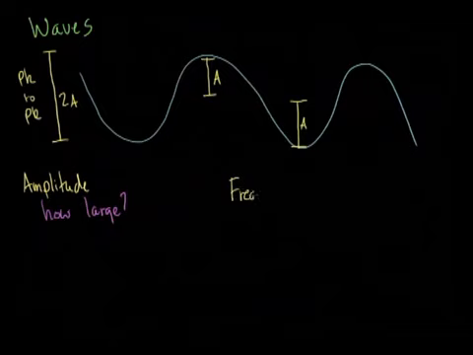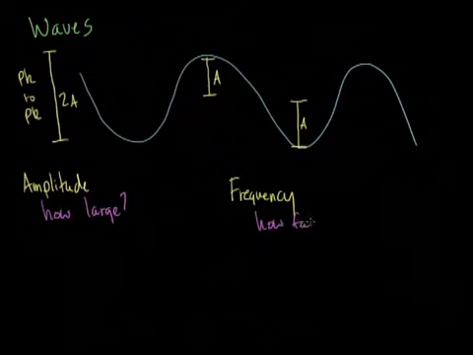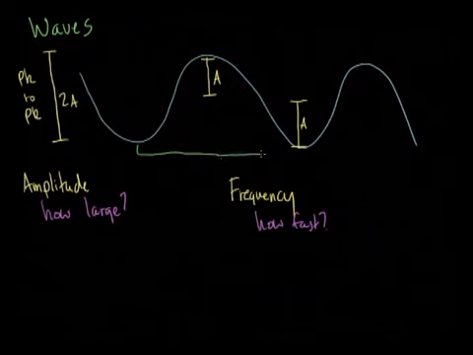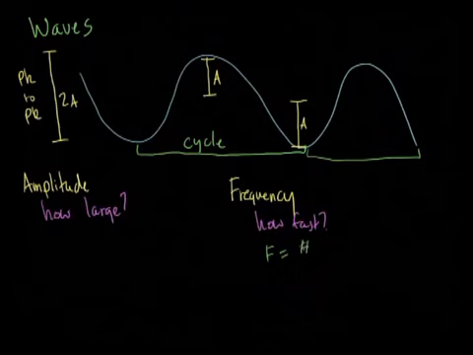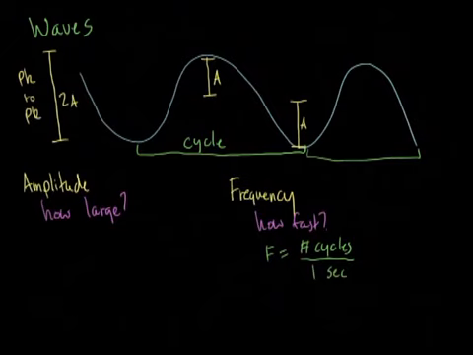So the other concept that's important is called frequency. And frequency is just the answer to the question, how fast do cycles of the wave go by? So by a cycle, I mean a region like this of a wave. The basic unit of the wave that repeats, each one of these is a cycle, and basically frequency is equal to the number of cycles that occur in a unit time, let's say a second.